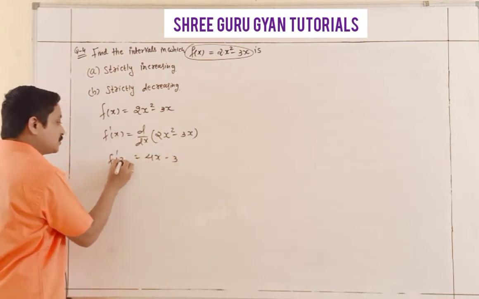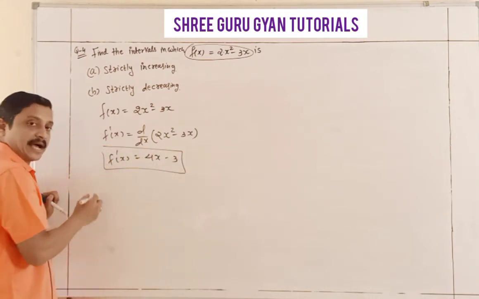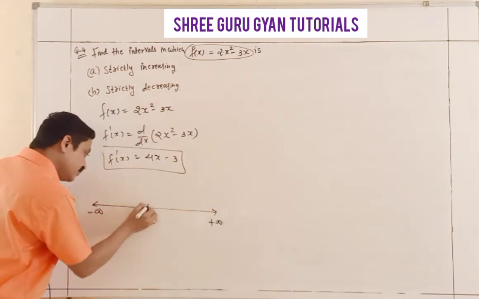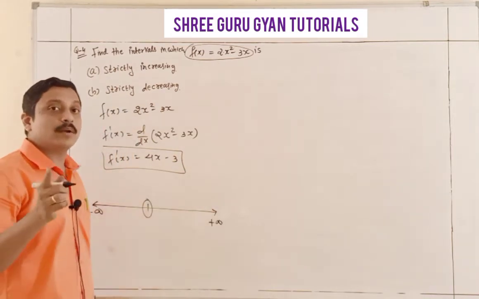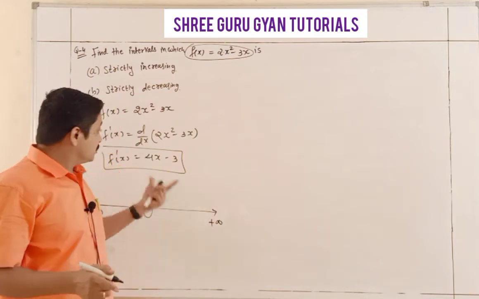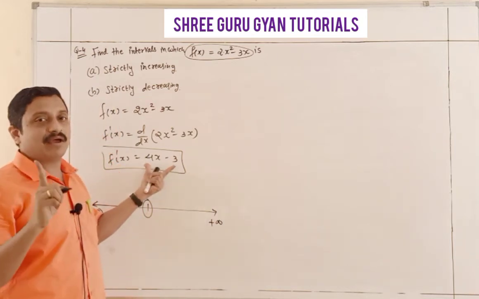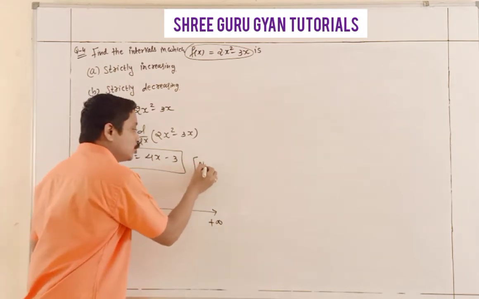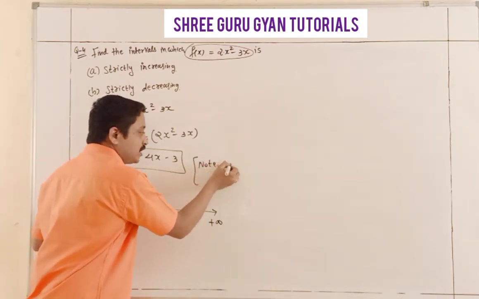And now students, here I plot a line from minus infinity to plus infinity. Here you get one point, but that point must be where you take f'(x) = 4x − 3 equal to 0. So here write down some note.